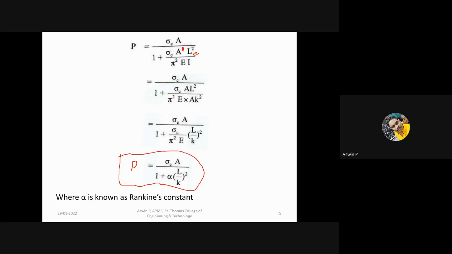It's an important equation. This is known as Rankine formula.